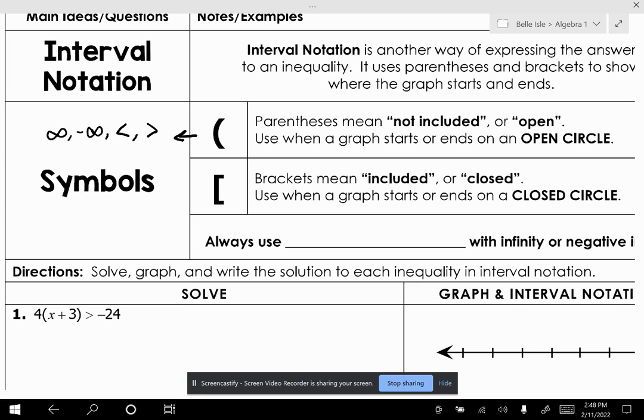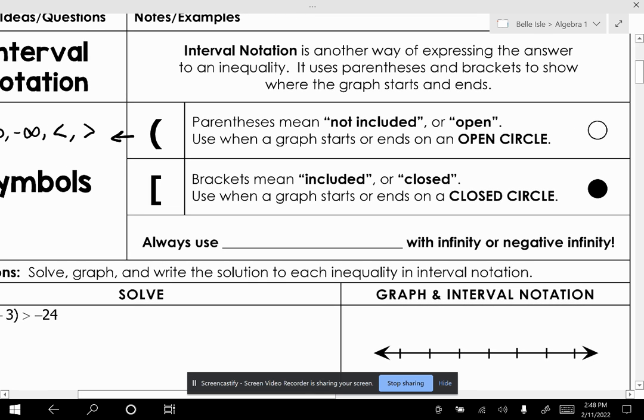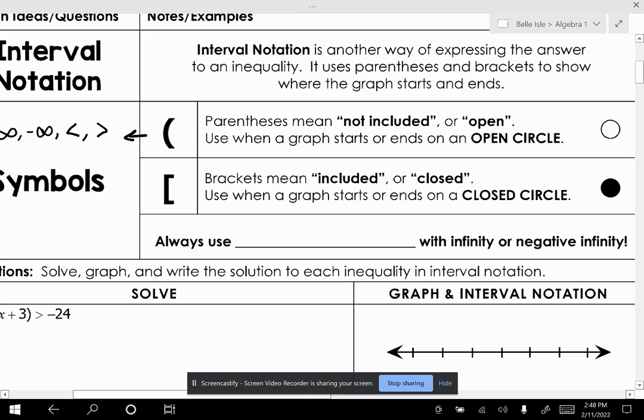Okay, so those four markers are going to indicate that we are using parentheses. It'll make more sense when we're filling it out. It also will indicate that on your line graph you have an open circle. An open circle means that we are not including that value in the set of solutions.